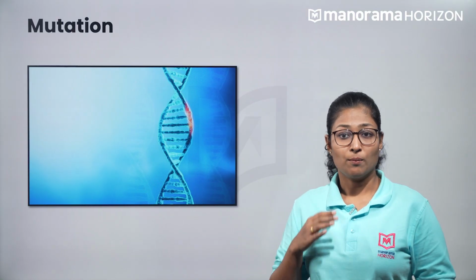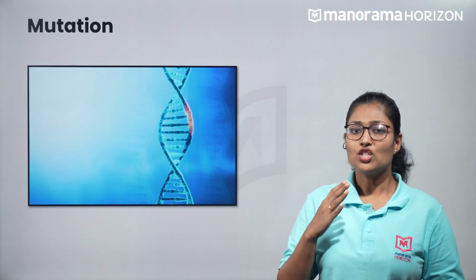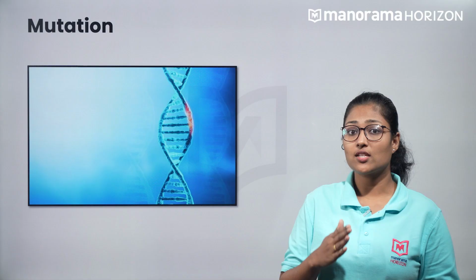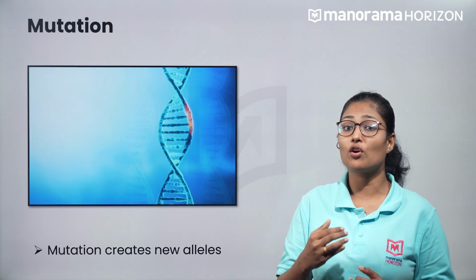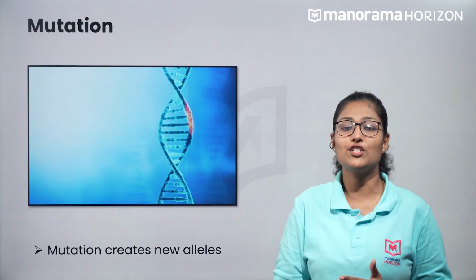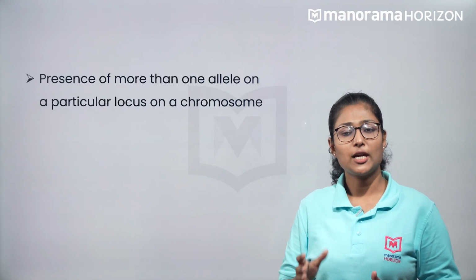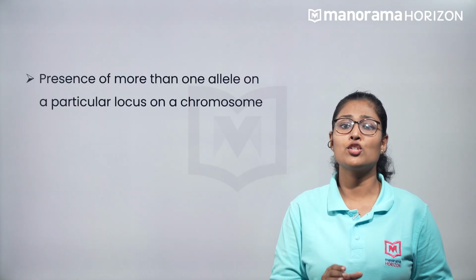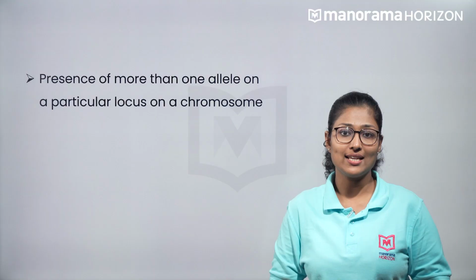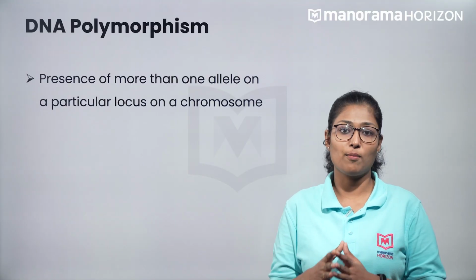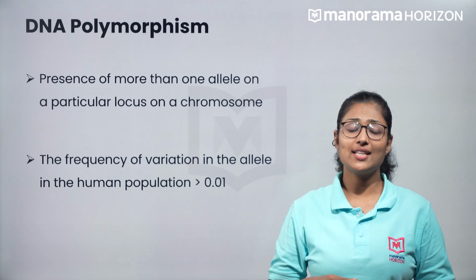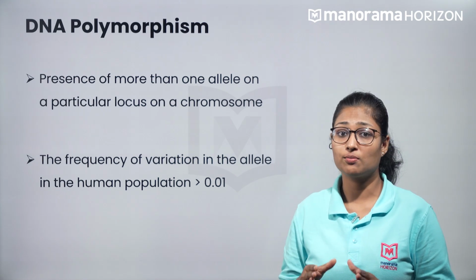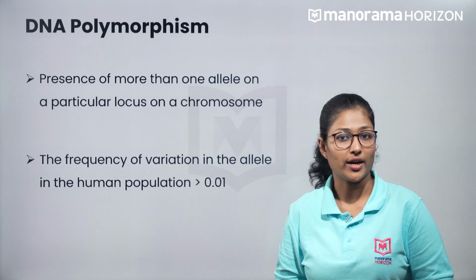Recall that mutation is a random change in the DNA sequence of organisms and gives rise to new alleles or new alternative forms of the gene. Now, if a particular locus on a chromosome has more than one allele, it is called DNA polymorphism. The frequency of this variation in the allele in the human population is more than 0.01.